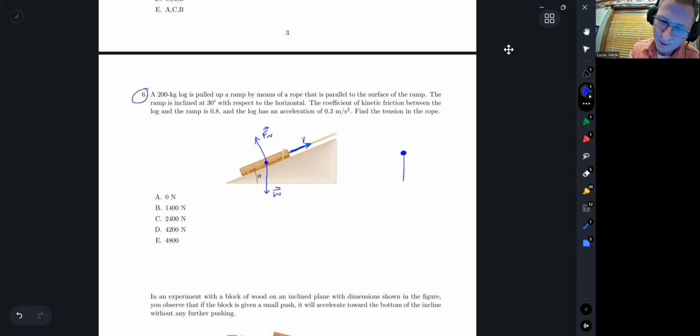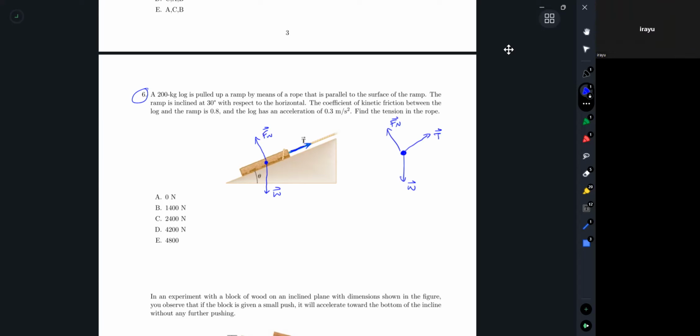So that's weight, normal force, tension, and anything else? Friction. Which way should I draw that friction vector? Up the ramp or down the ramp?